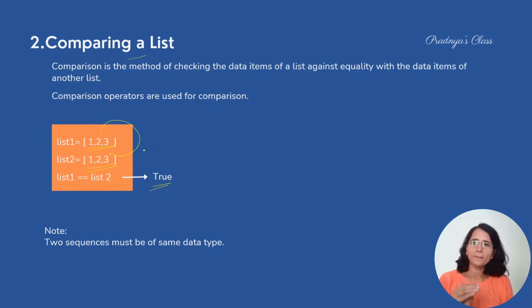When we want to compare lists, both should be of the same data type, both should be lists. Only then can we compare a list against another list. So you can see in this example, list1 is equal to list2. We are getting the answer true because the elements of both lists are equal.